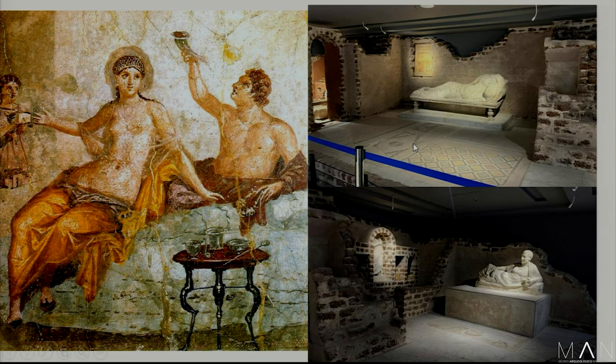The following part simulates a banquet room with two statues of a man and woman reclining, each holding a drinking cup in their hands, as one of the daily life domestic scenes. Both statues were originally coffin covers, and their old display was in a funerary context.